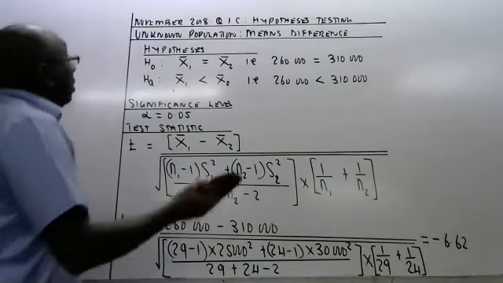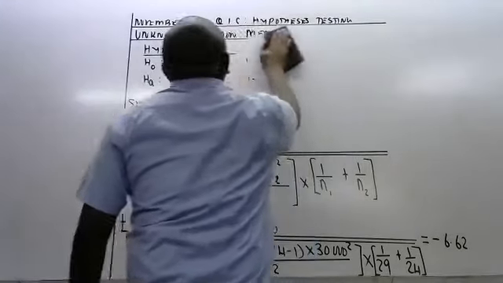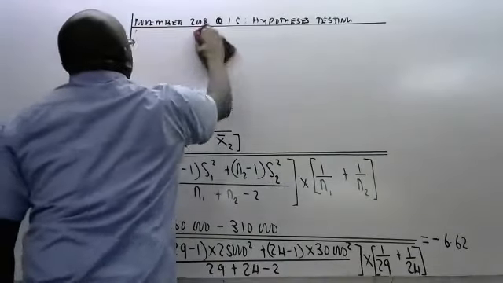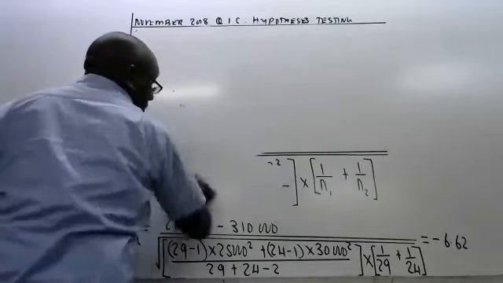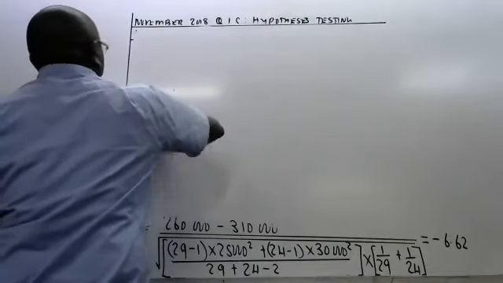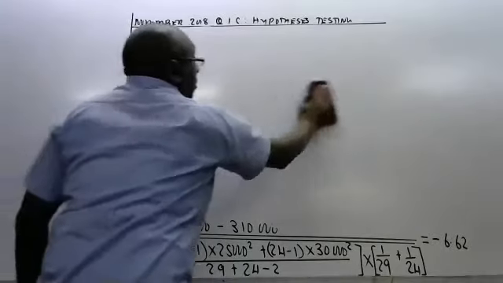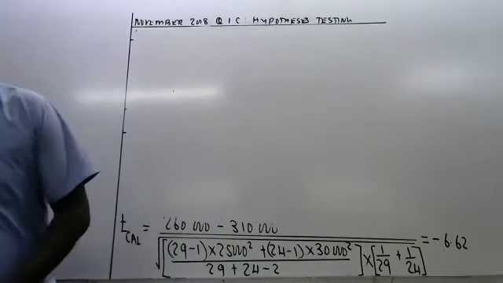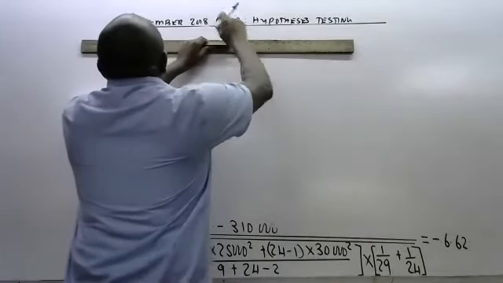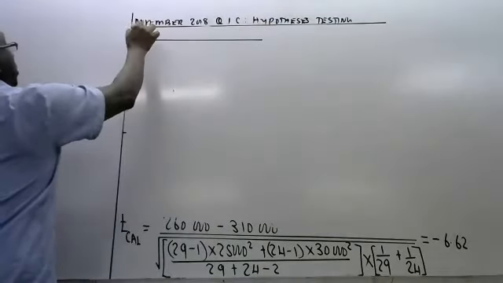Okay. Let us proceed now. The next step now is what we call the decision rule.